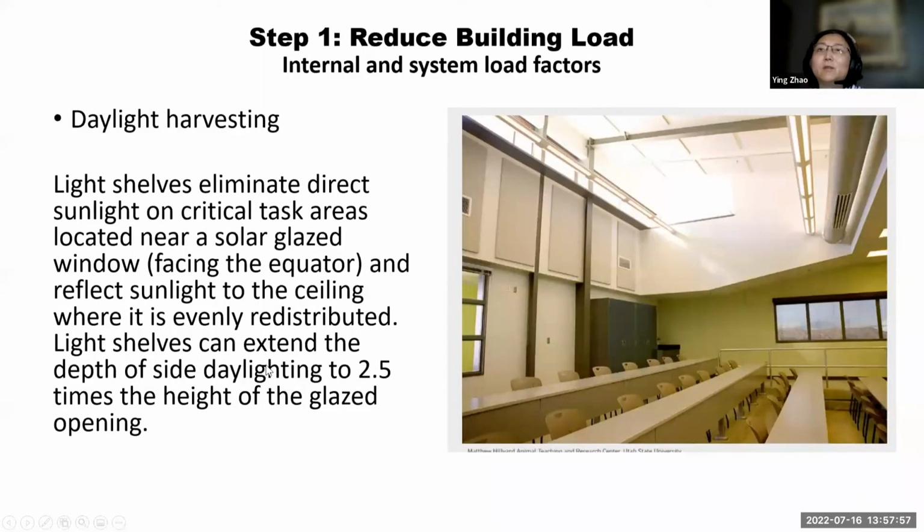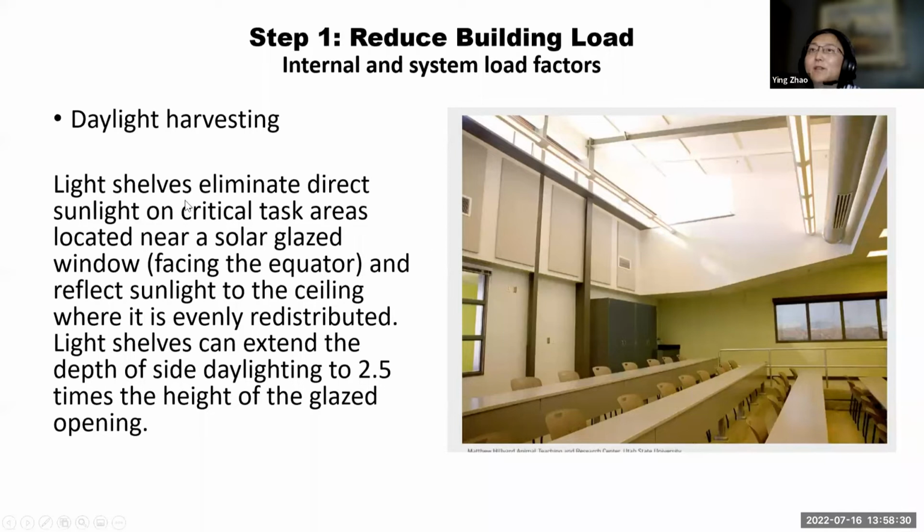So we talk about daylight harvesting. As a lot of you attending, like architects, are very familiar with this, very good daylight design would be very beneficial for energy efficiency and also comfort and the interior effect of the space, visual comfort.